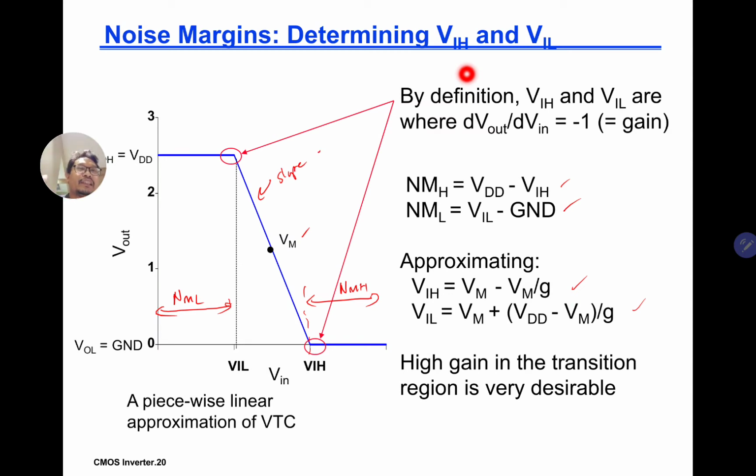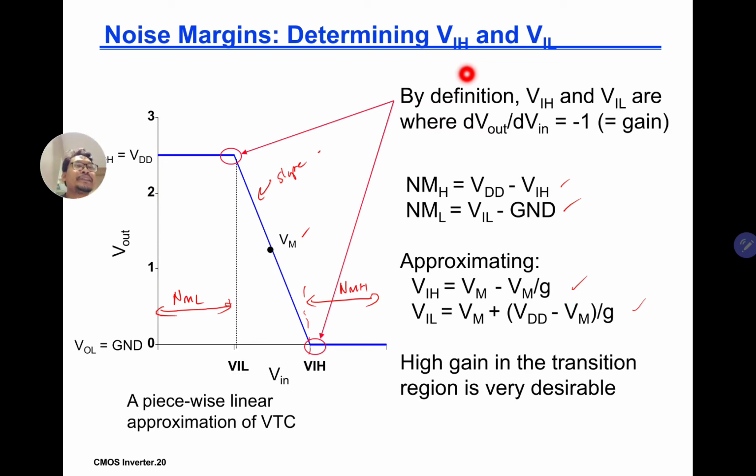If it's a very sharp transition, then it becomes almost like an ideal inverter, where your noise margin is huge. So that's another question: how to make your inverter close to ideal? It means the slope is very sharp and your noise margin is big, so you don't have the indeterminate, undefined region in the middle.